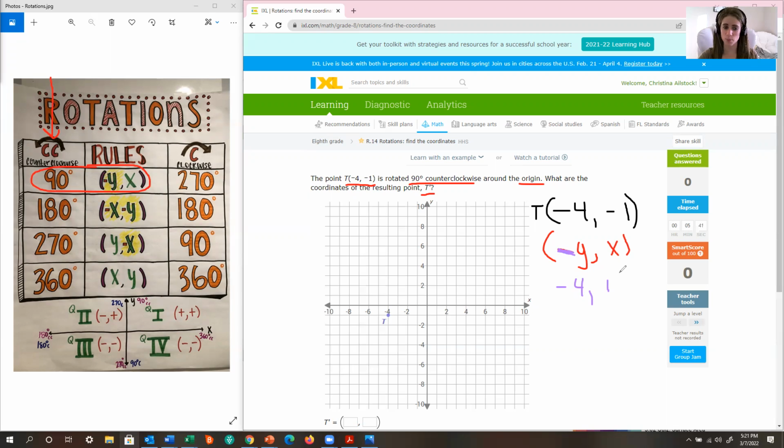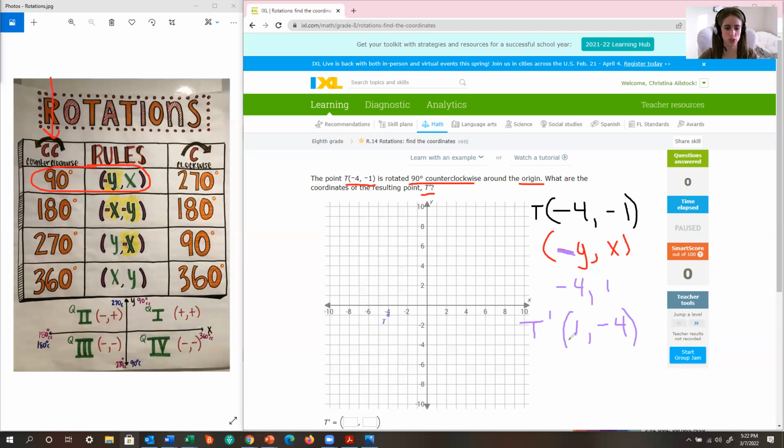The second step that I need to do is notice that our x and our y value are flipped. Our x and our y value are switched around. So that is my next and final step. We're going to flip our two values, and that then is our T prime.